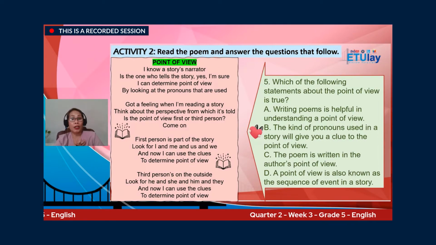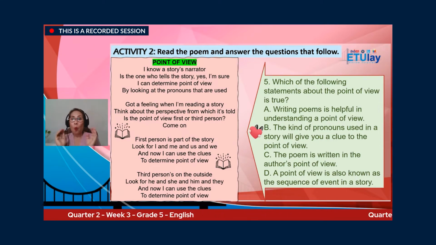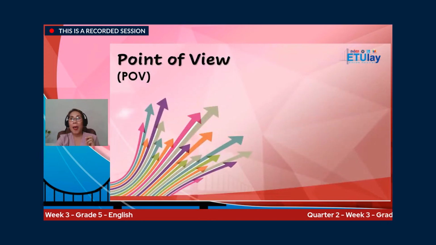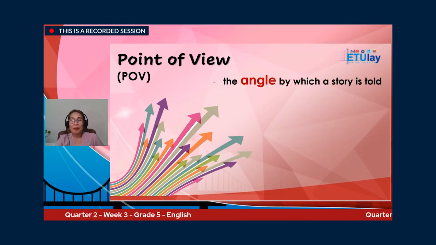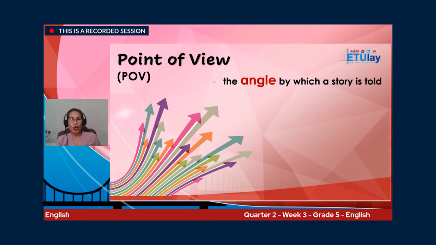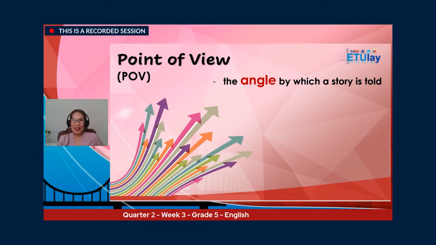Very good. Now that we are done with the first 2 activities, and based on these activities, what is point of view? All right, so point of view is the angle by which the story is told, meaning it's the position or the perspective of the one telling the story.